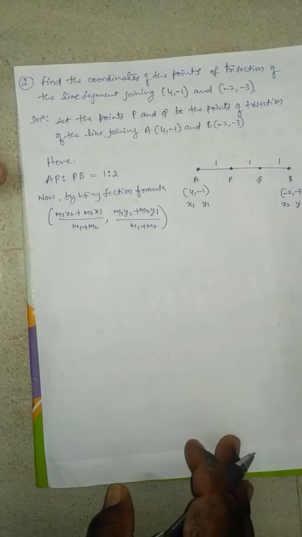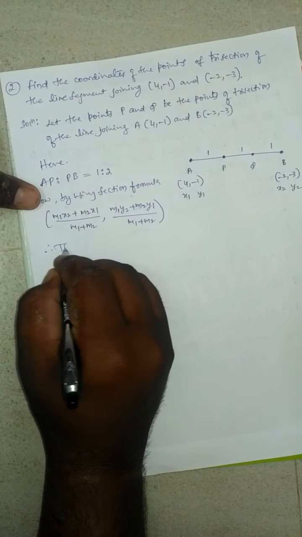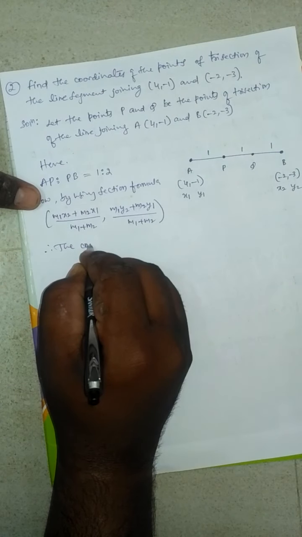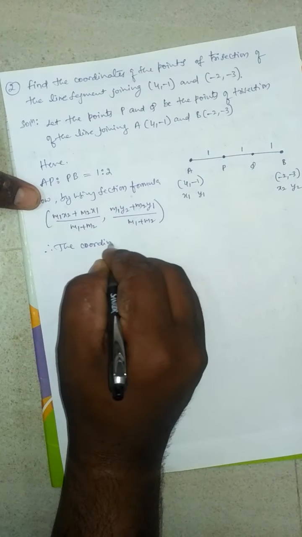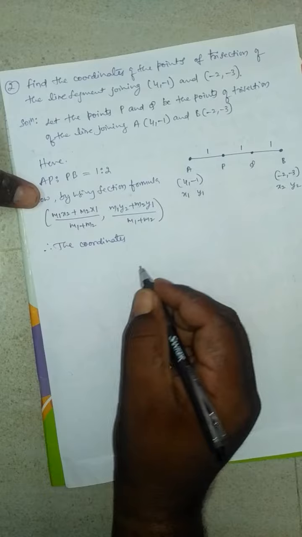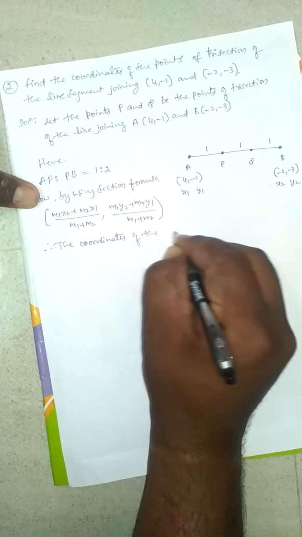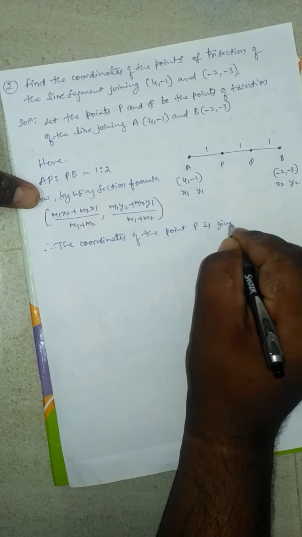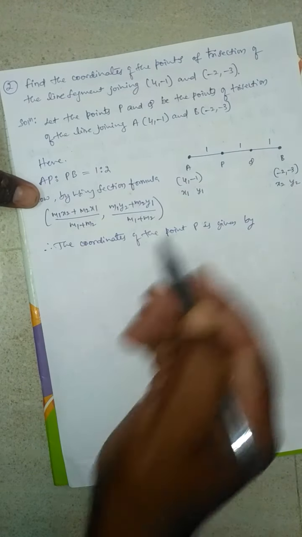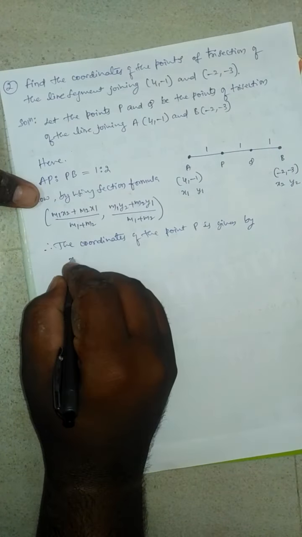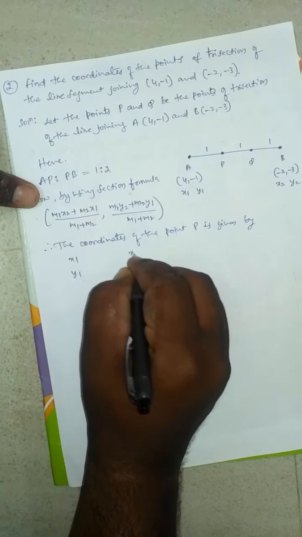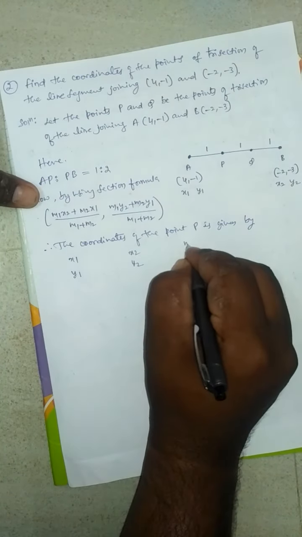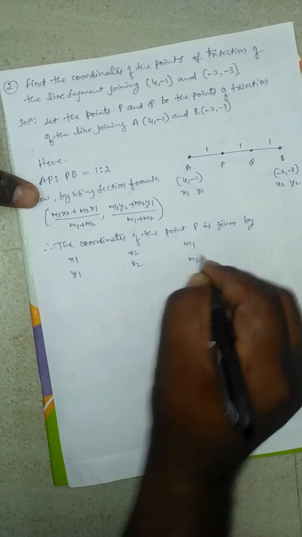So now the coordinates of the point P are given by x1 y1, x2 y2, m1 m2.